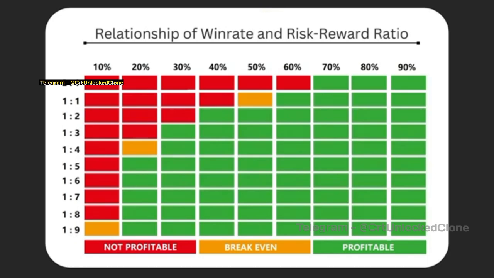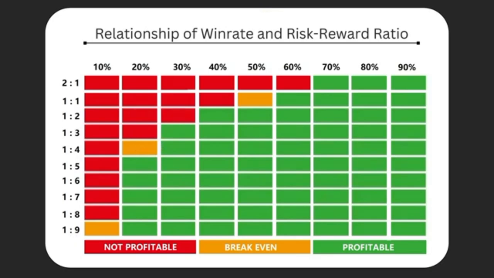Now the reason I've chosen this risk to reward ratio as my optimal RR for my trades is another story in itself, but the main thought process is right here explained in this table. You can see that for a 1 to 3 risk to reward ratio, you only need at least a 30% win rate to be profitable, right? From this information, you can see that it's really exponential.